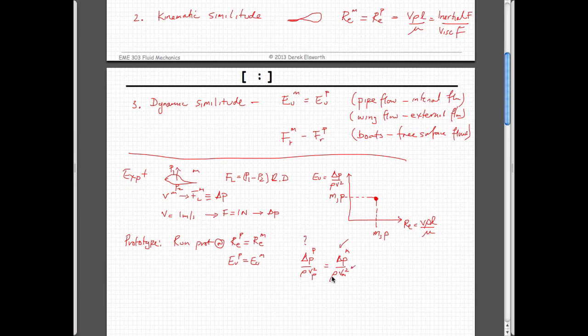So we know everything on the right-hand side. If we know what medium we're flying in, if it's in air, and we've done our experiment in air, then we know the density. And we know the velocity at which we are running our prototype by scaling these things. Then the only unknown we have is the pressure. So from knowing that, we have this. So that's one way to do it.